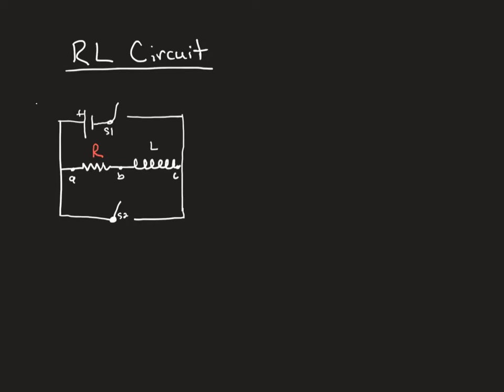So we're going to apply Kirchhoff's rule to this scenario. So we have the EMF from our power supply, and then we're going to have a voltage drop across the resistor, and then we're going to have a voltage drop across the inductor. So we just close the switch, so t equals 0 seconds, and our current is going to equal 0 amps.